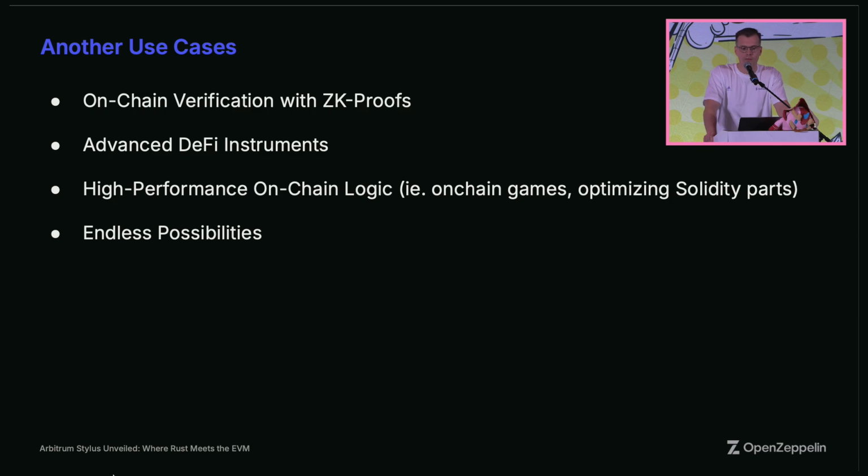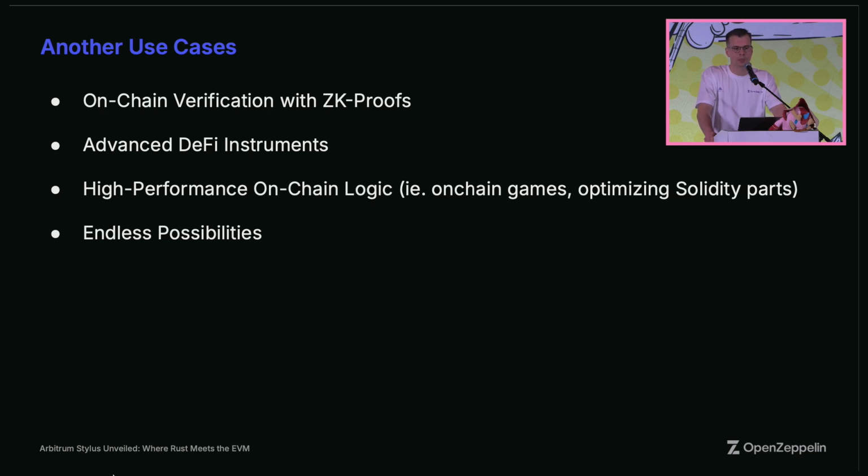There are many other use cases where we can leverage the power of Rust and Stylus. Those examples are, for example, on-chain verification with ZK proofs. Additionally, we may want to build some advanced DeFi instruments, not only Uniswap hooks, but anything else.